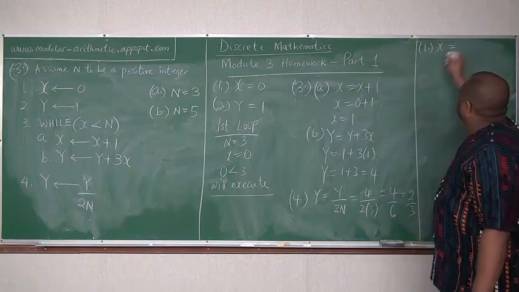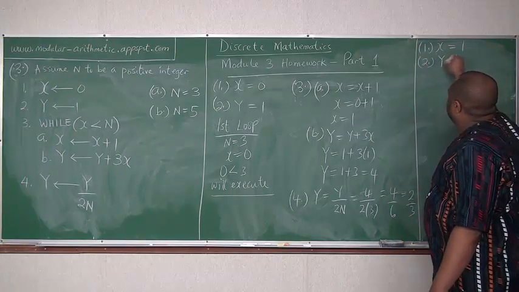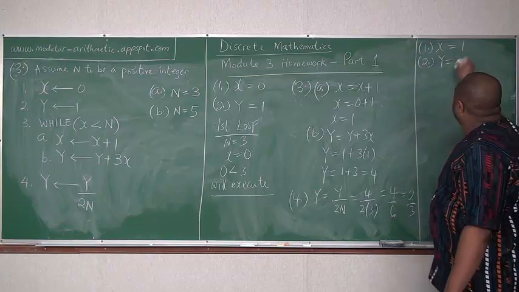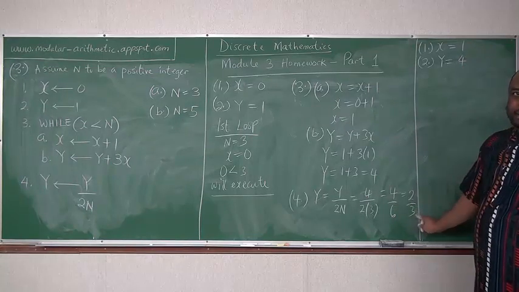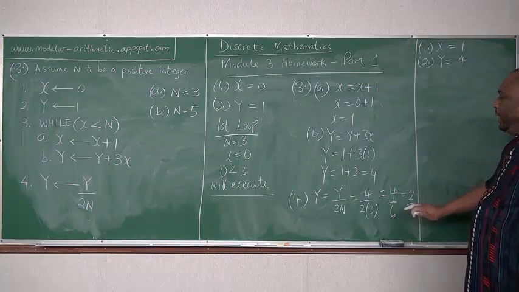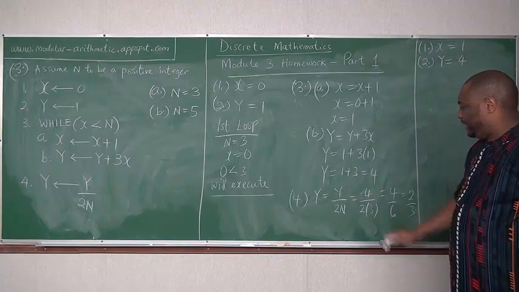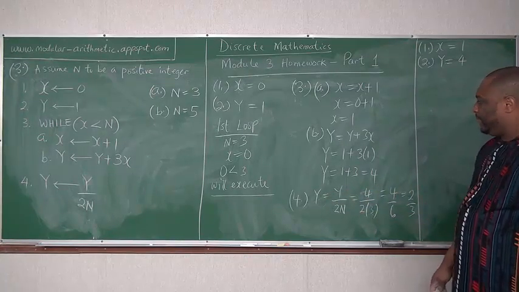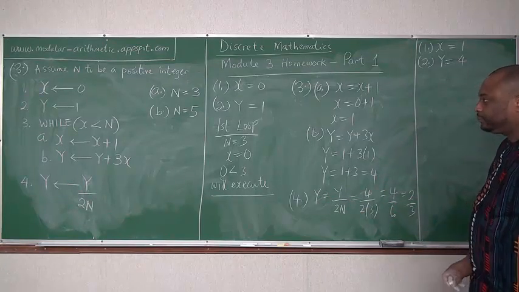Our x is 1. And number 2, our y is 4. We won't use 2 over 3. This is just the final output for n. We're going to use 4 rather than 2 over 3.